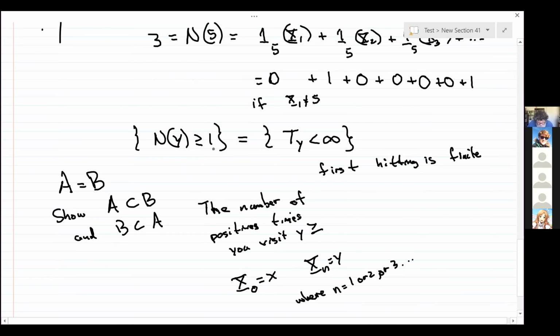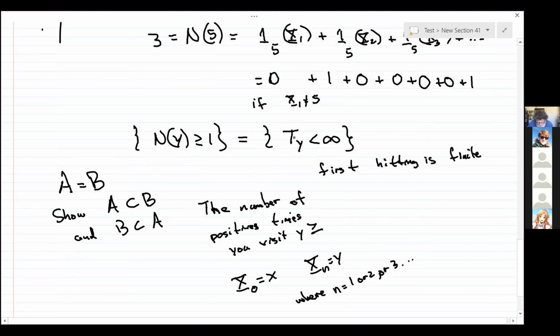So if the number of times you visit Y is 1 or more, there must be a positive time, which means it's not 0, but it's either 1, 2, 3, where you're equal to Y. Okay, so if you're in here, you definitely visit Y at some positive time. And I'm saying that the time that you first visit Y, well, I don't know what it is, but I know I will be visiting Y because I'm in here. I visit Y at least once, 1 or more. So that means this also occurs.